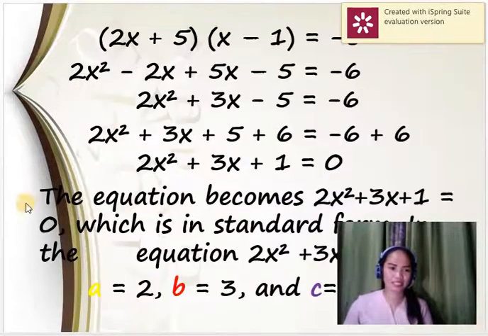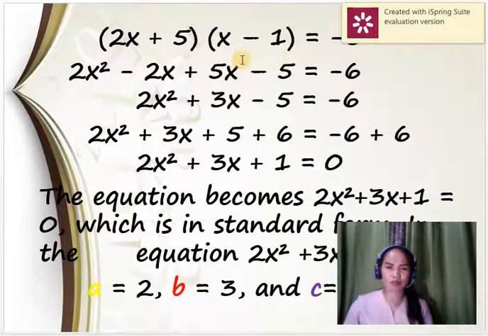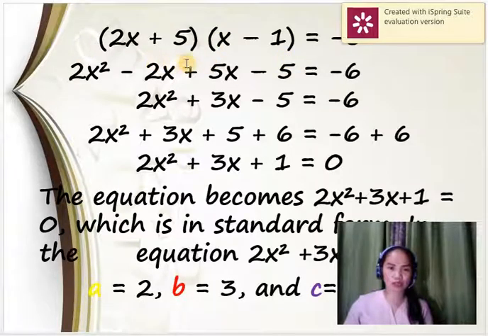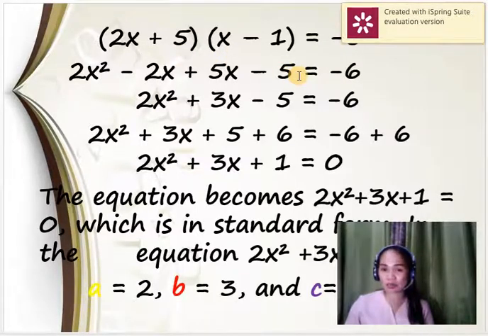Okay, so we have here (2x + 5)(x − 1). So we have to use the FOIL method. 2x times x is 2x². 2x times −1 is −2x. 5 times x is 5x. 5 times −1 is −5, equals, then copy −6.